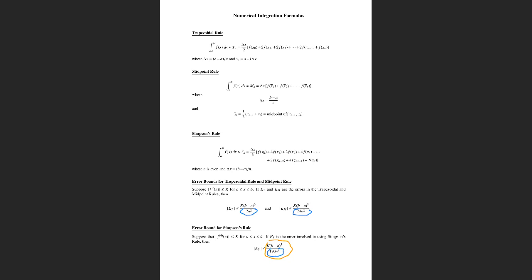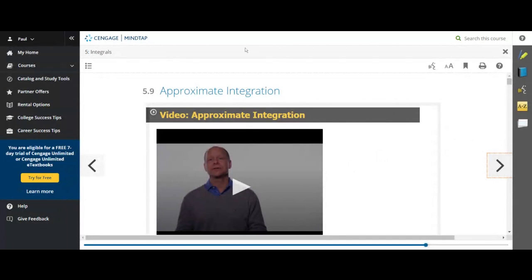Yeah, okay, one moment, class. Hold on here. Okay, so there's the approximate integration section in 5.9.